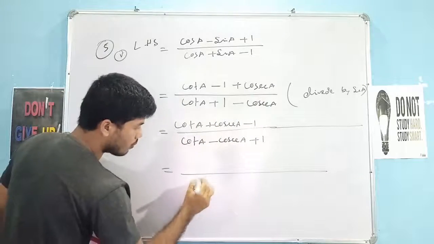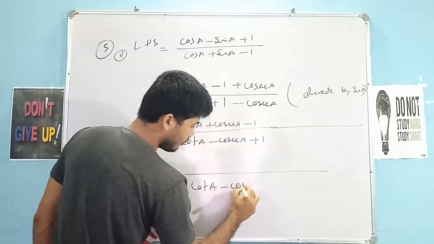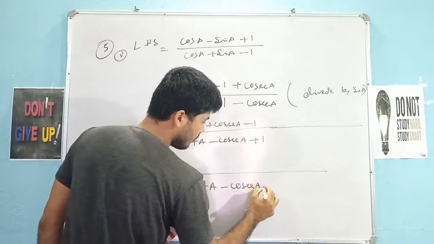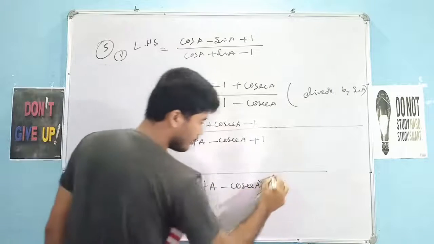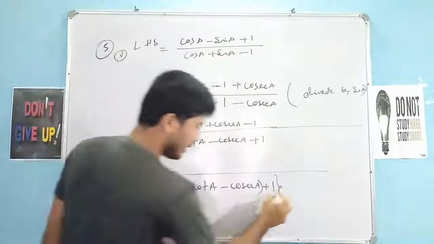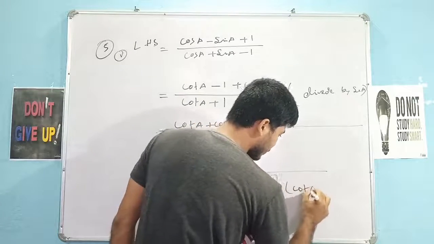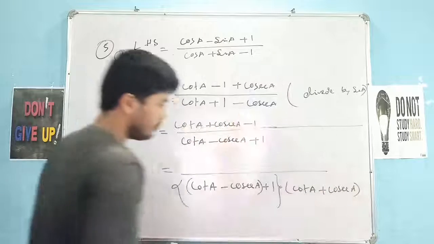So we put cot a minus cosec a plus 1 in a bracket, and cot a minus cosec a we will multiply by cot a plus cosec a.